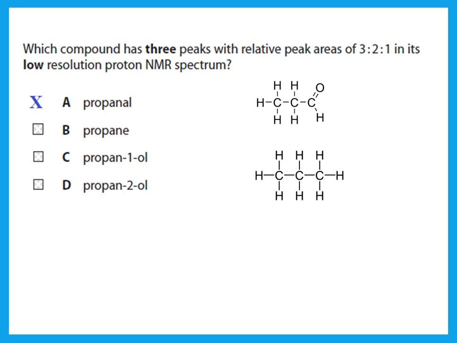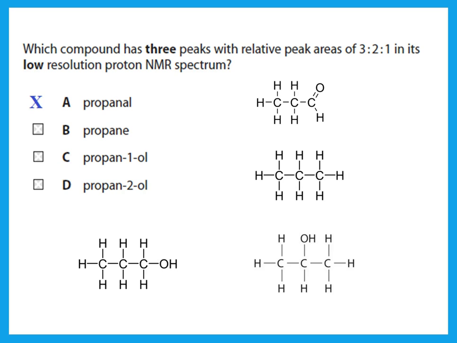What about the others? This will actually give 2 different peaks because the CH3 on both ends will give 1 peak while the CH2 in the middle will give another peak. What about propan-1-ol? Propan-1-ol will give a peak for the CH3, a peak for the CH2, a peak for the other CH2, and then a peak for the OH. So this is actually 4 peaks, not 3. For this one, how many peaks?